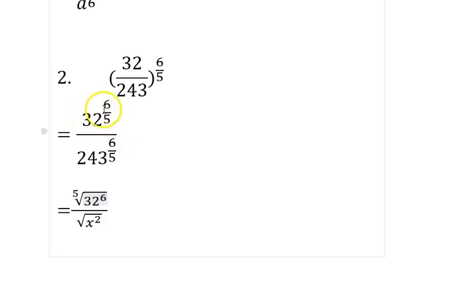Fifth root of 32 raised to power 6. Now at the denominator here is going to be fifth root of 243 to the power of 6 as well. You can see we've been able to iron out and simplify this one after the other.